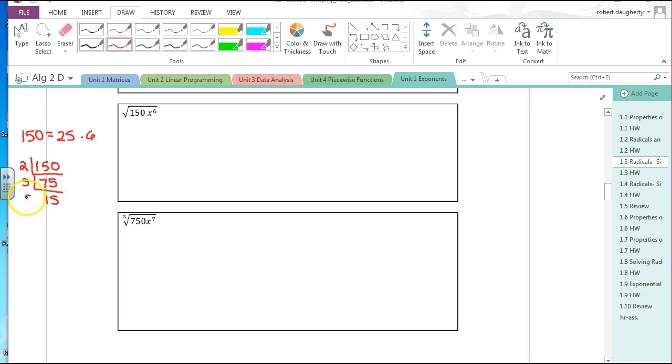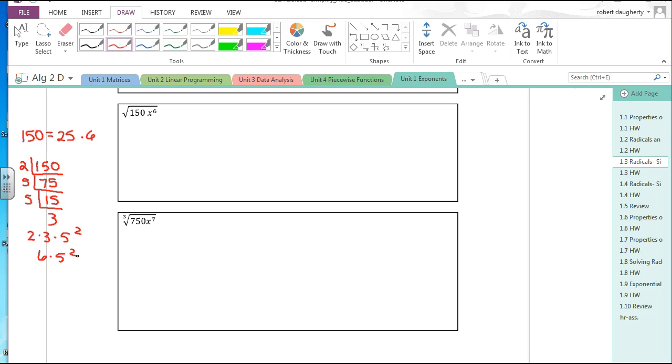This is still divisible by 5, and that gives me a 3. Okay, so this is 2 times 3 times 5 squared, or 6 times 5 squared, or 6 times 25. So this is the prime factorization of the number. Okay, you've done this in a past life, is that right? Right, Timothy? I'm getting looks here.